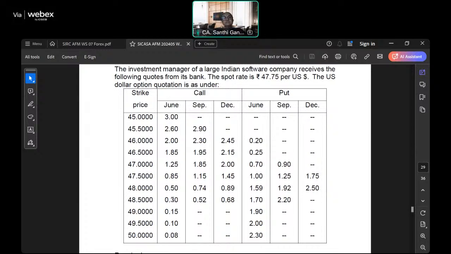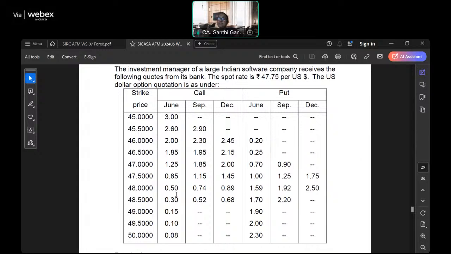As far as call option goes, what do we know? Call option, the intrinsic value, it is an option to buy. Therefore, if you are able to buy at a lower price, it is better. So E has to be less.